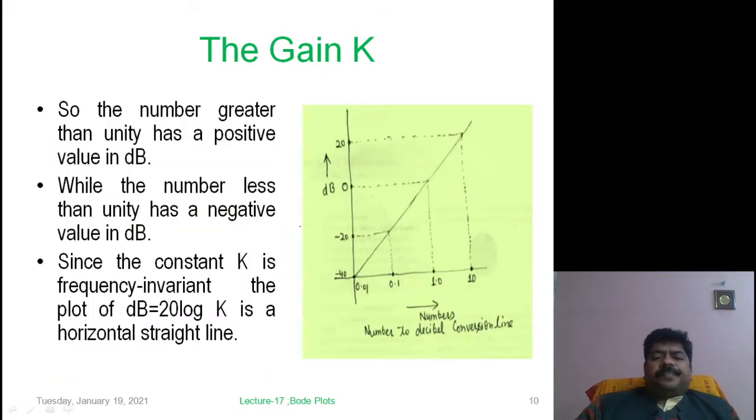Now as we change the number, this will be the value: 20 log 1 will be 0 dB, 20 log 10 will be 20 dB, while 20 log 0.1 will result in minus 20 dB, while 20 log 1 upon 100 will result in minus 40 dB. So this will be a straight line.